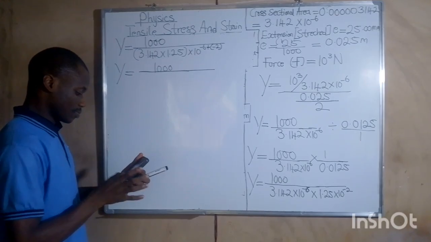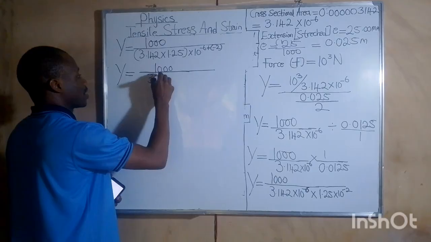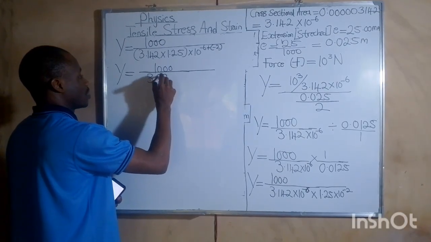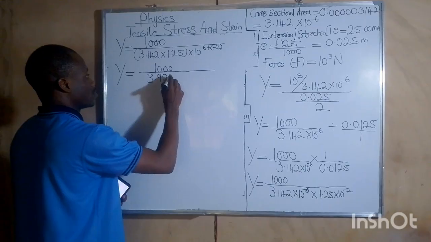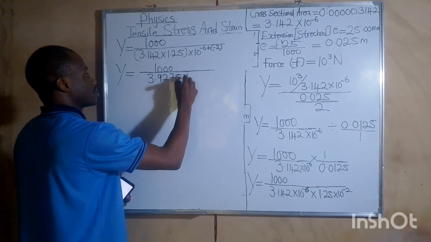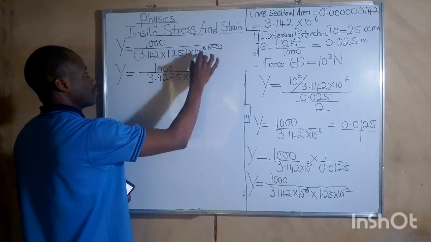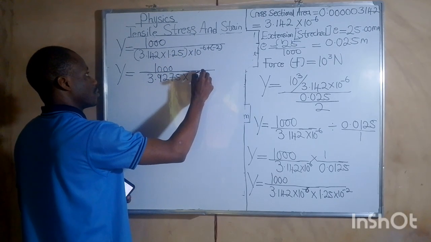Let's go again. 3.9275. Good. Now, times 10 raised to power minus 6 minus 2, that is minus 8.